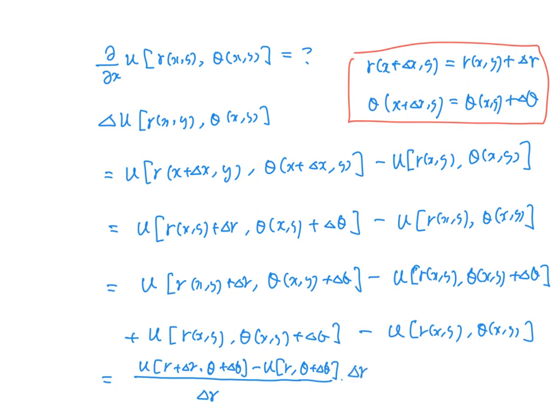Then it doesn't change anything, right? And then divide the second part by delta theta: u(r, theta plus delta theta) minus u(r, theta), and then delta theta.